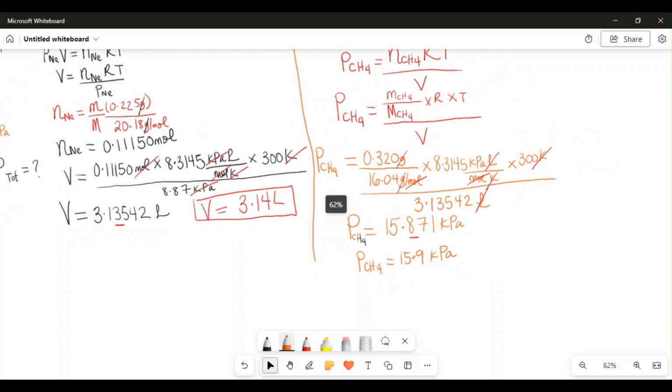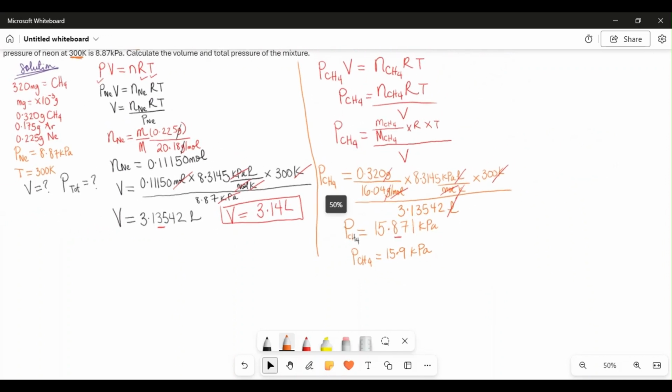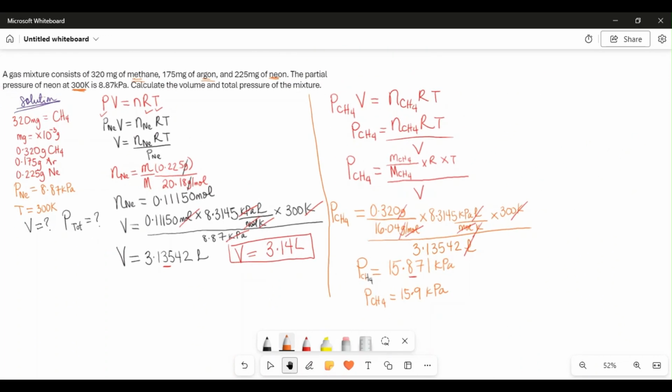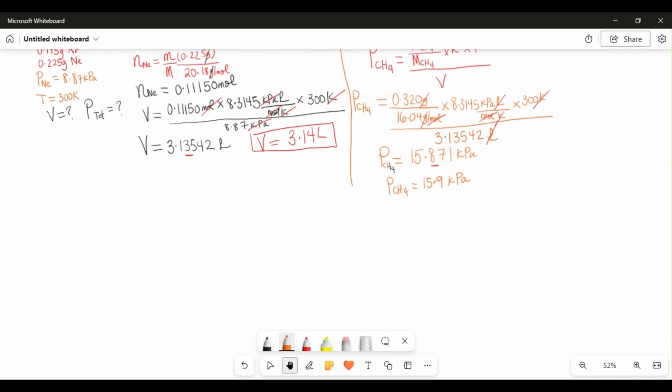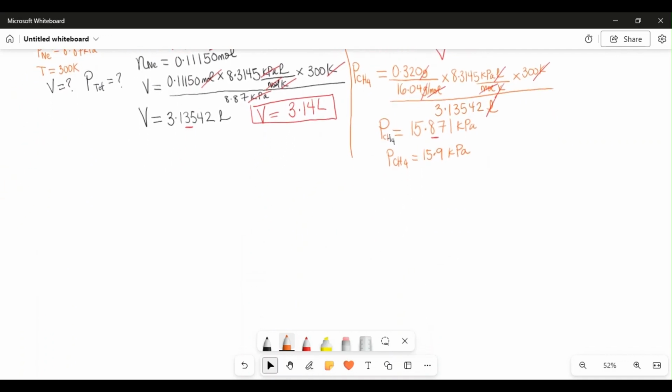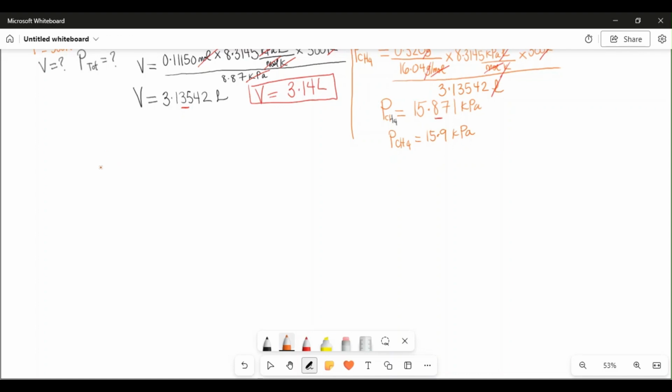The next thing we're going to do is to determine the pressure of the third gas, which is argon. So the pressure of argon equals the number of moles of argon times R times T divided by the volume.